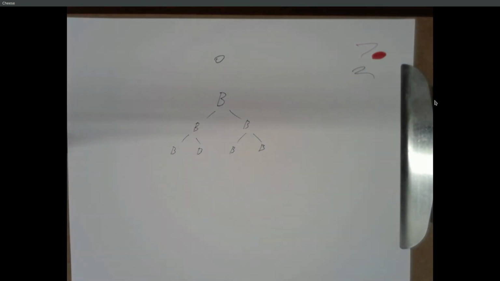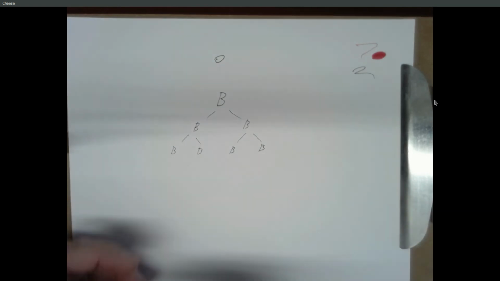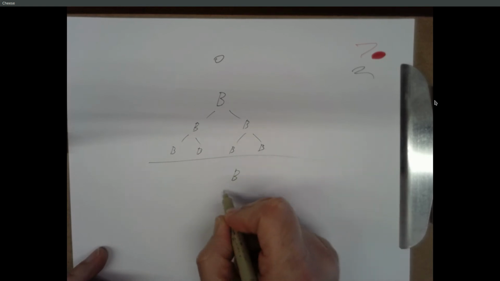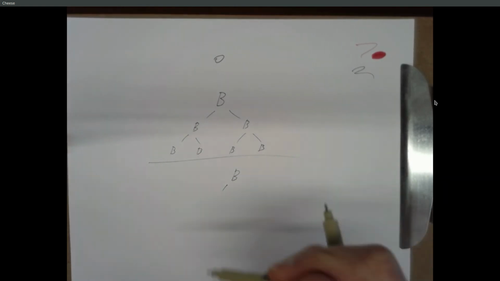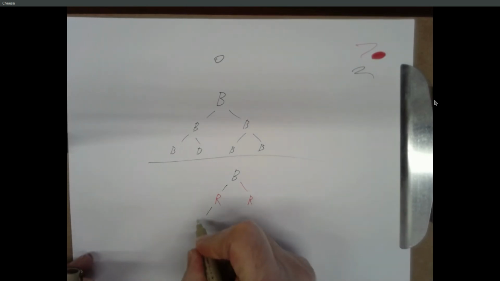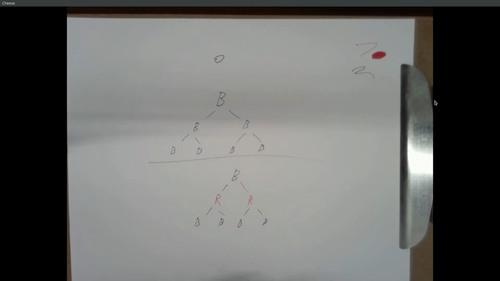That's a perfectly fine red-black tree. So the black height of the tree looks like it's 3. 3 black nodes to every node. So that's fine. That's also fine.